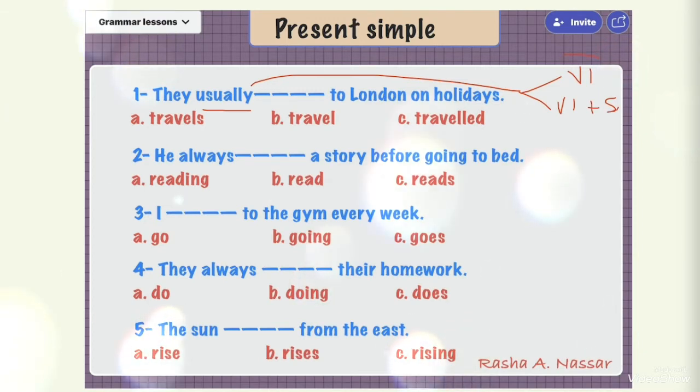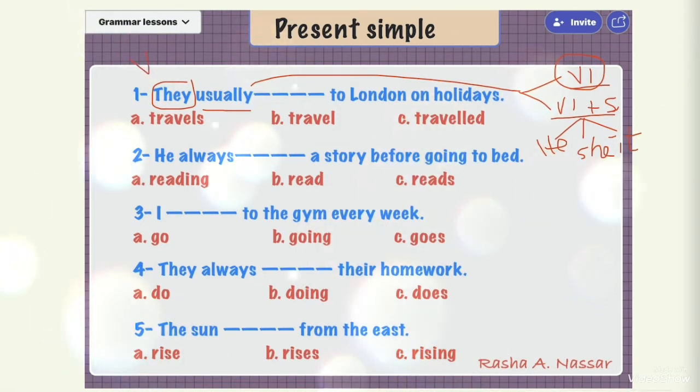So when I see usually, I will choose V1 or V1 plus S. When should I choose V1? With I or we or they or you. And when should I choose V1 plus S? With he or she or it. So here I have they. They takes what?